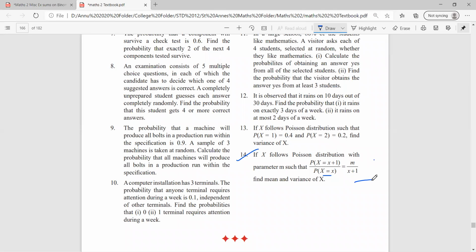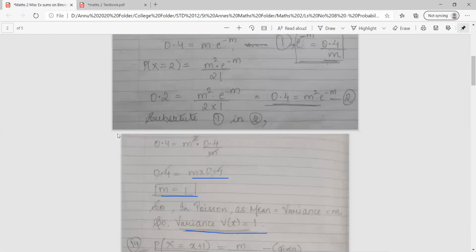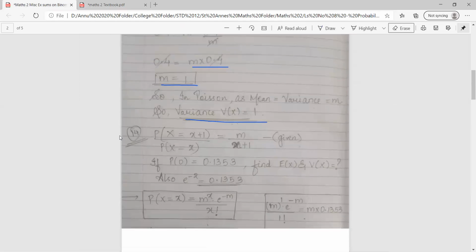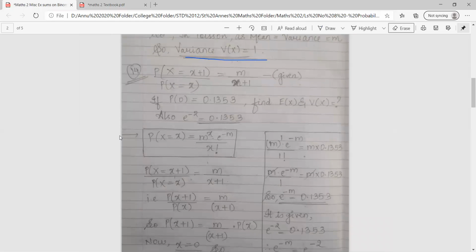Okay, so let's see how it goes about. Okay, so x follows Poisson distribution with parameter m such that P of x plus 1 upon P of x is m upon x plus 1. So let's have a look how the sum is solved.